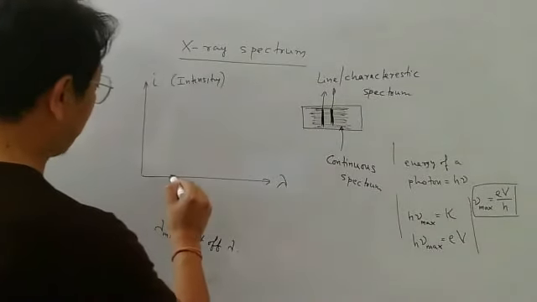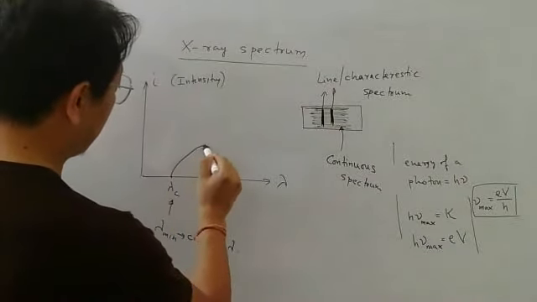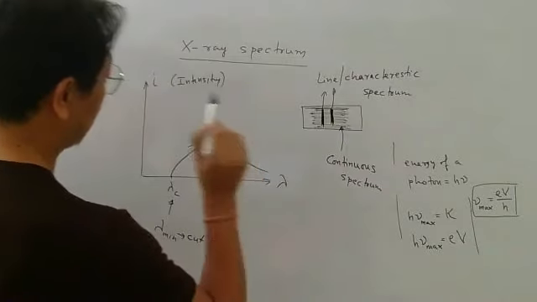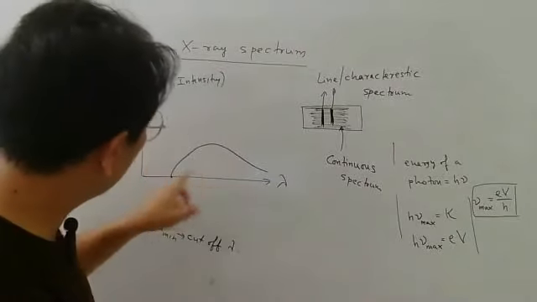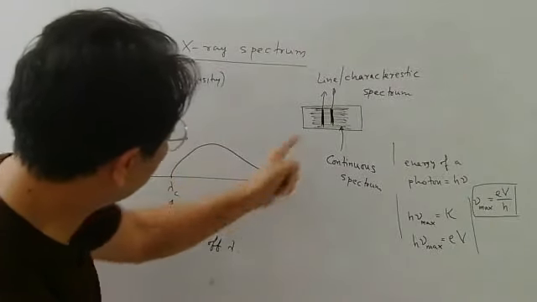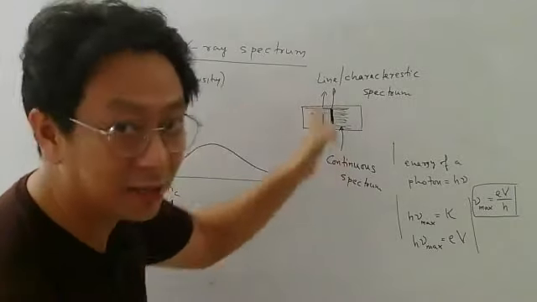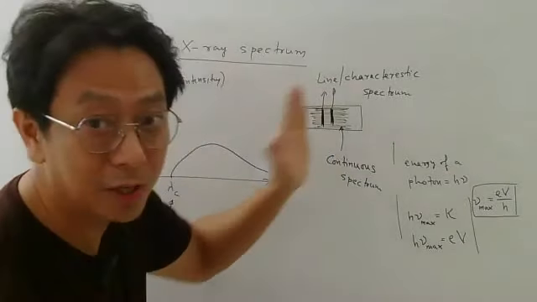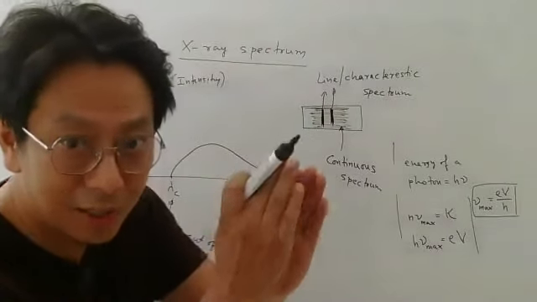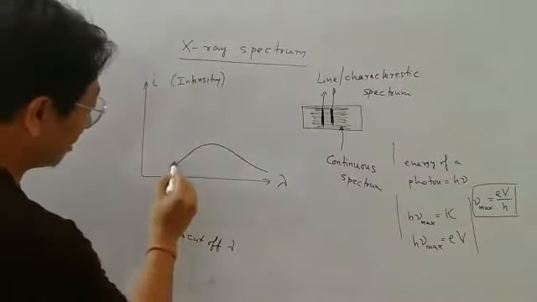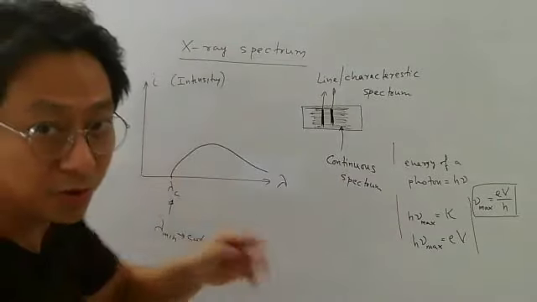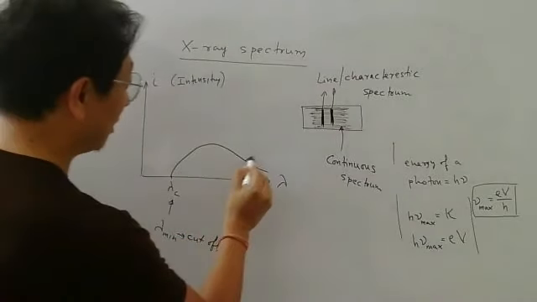So the graph will start from here only, and it continues like this. It is continuous in nature. So this basically represents the background which I have shown you, not the line spectrum. The continuous frequency. All frequencies are continuously present. So this is shown by this graph. So this is your continuous spectrum.